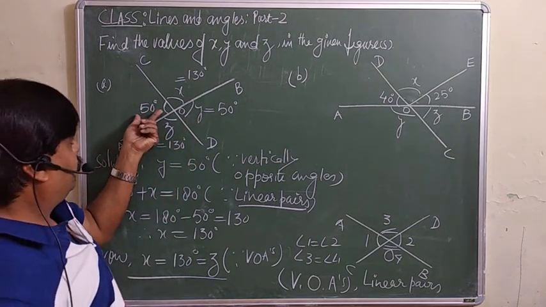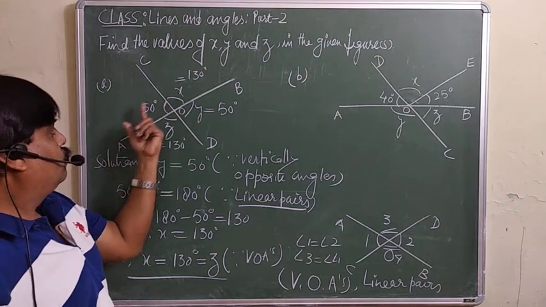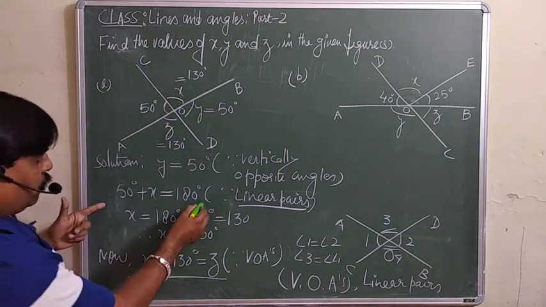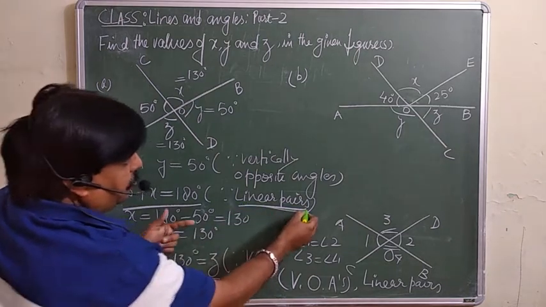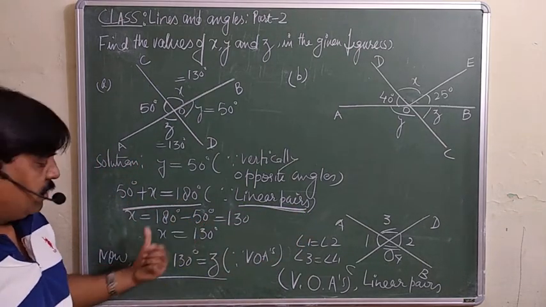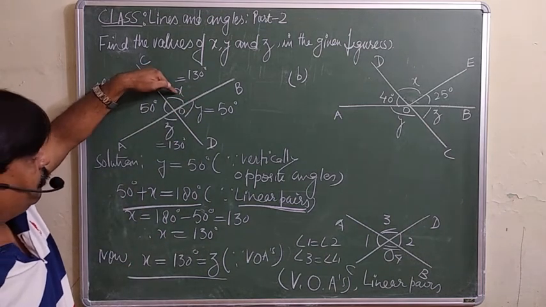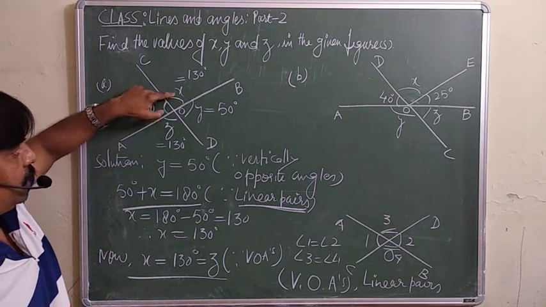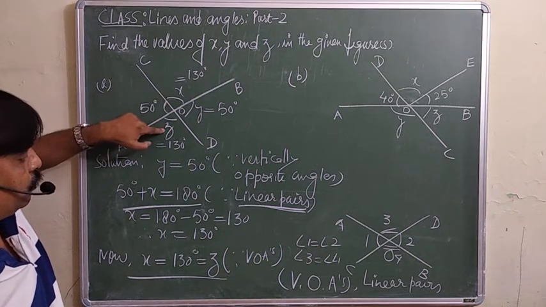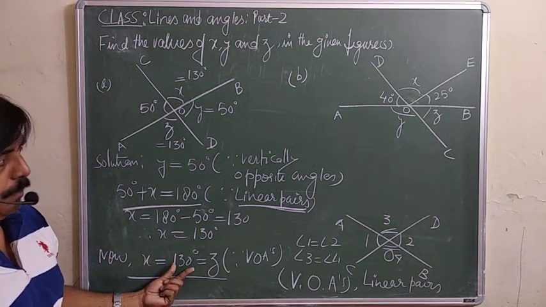So this is 50, because by the vertical opposite angle, 50 plus x will be equal to 180 by the linear pair. इसको ट्रांसपोज करिए तो x is equal to 180 minus 50, so x is equal to 130. ये दोनों vertical opposite हैं, so this will be equal to this one. So z will also be equal to 130.